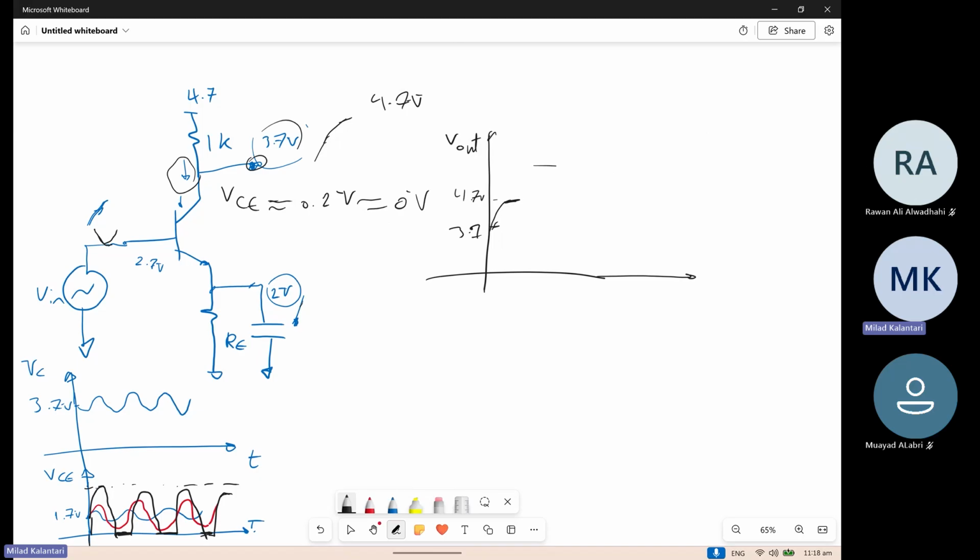If you try to push it more, it cannot go. It just clips, right? And from the bottom it can reach something around 2 volt, right? The emitter voltage can go down to like 2 volt. And if you try to push it more, it cannot go. It will be like square.